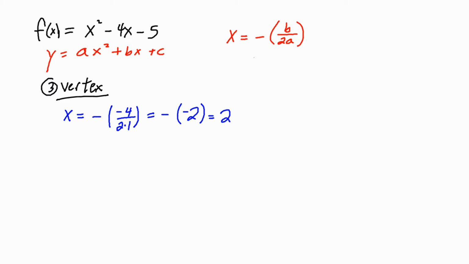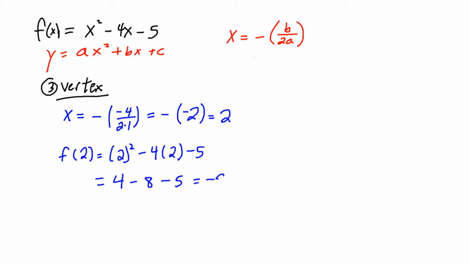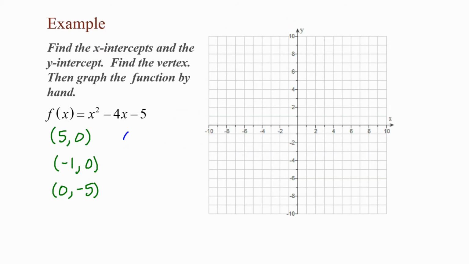To find the y-coordinate, I want to find f of 2, which equals 2 squared minus 4 times 2 minus 5. 2 squared is 4, minus 4 times 2 is 8, minus 5 equals negative 9. So my vertex is 2, negative 9.